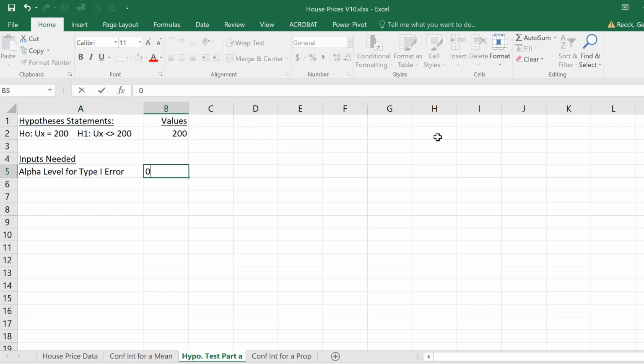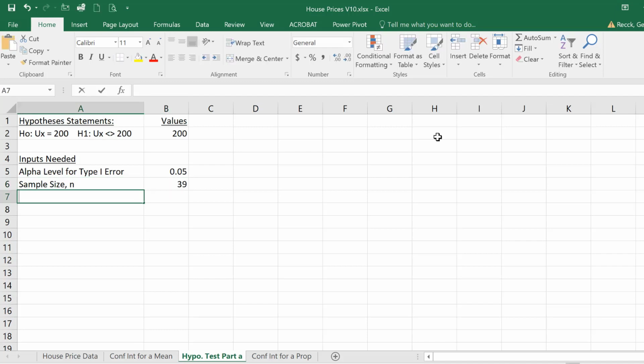And that will be 0.05. We also have our sample size, which has not changed. That's N, 39. We have our sample mean, often called X bar, and that was 208.